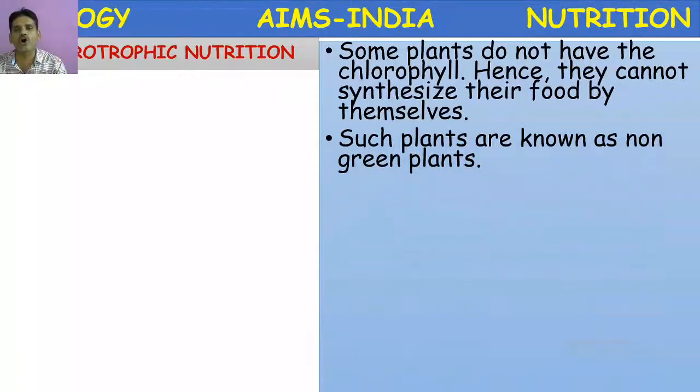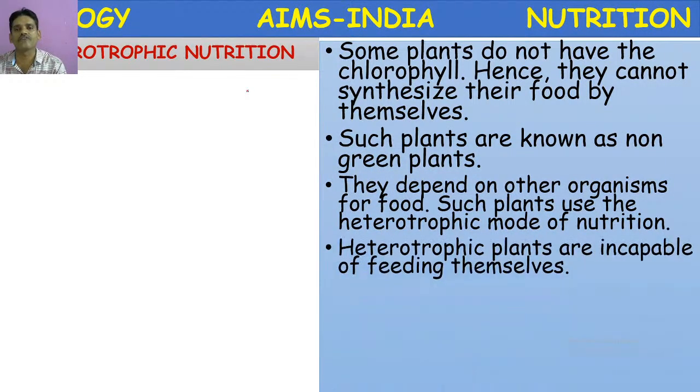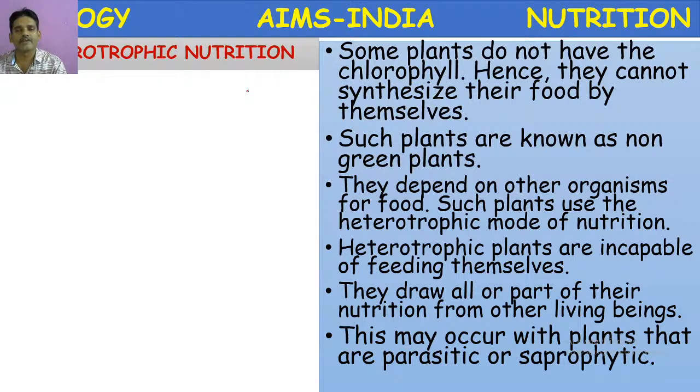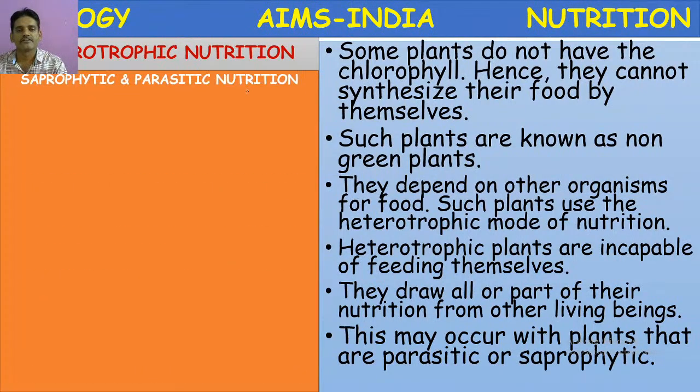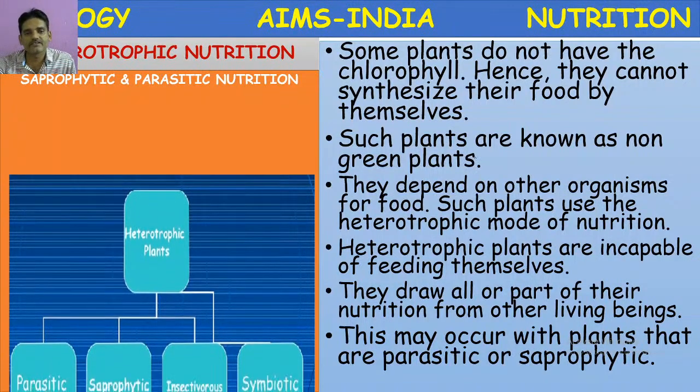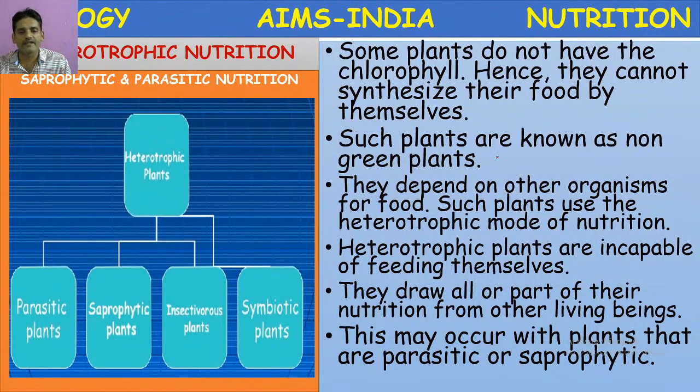Some plants do not have chlorophyll, hence they cannot synthesize their food by themselves. Such plants are known as non-green plants. They depend on other organisms for food. Such plants use the heterotrophic mode of nutrition.